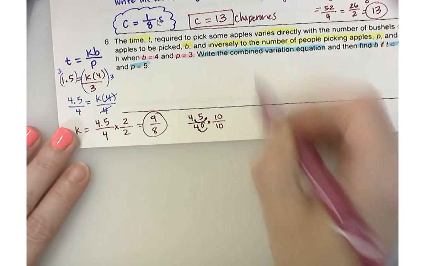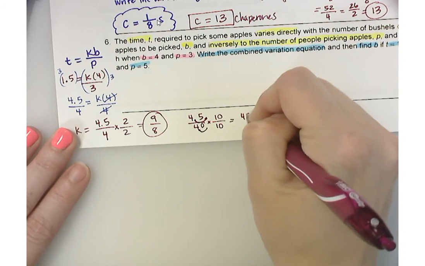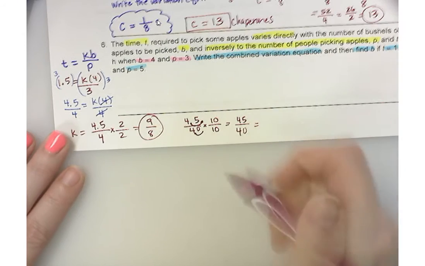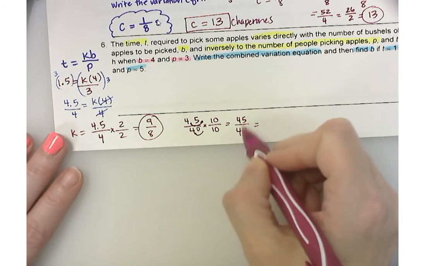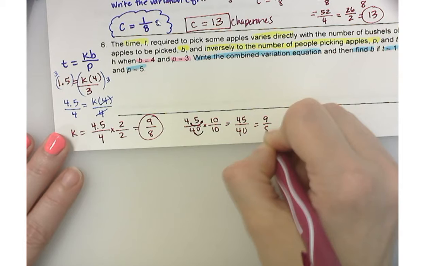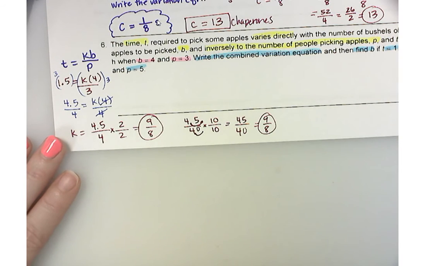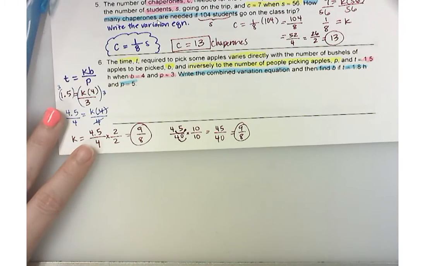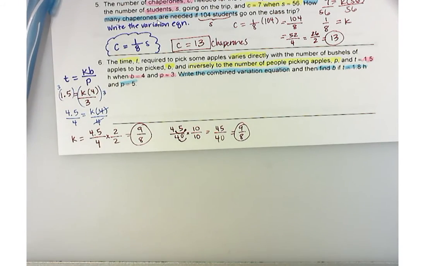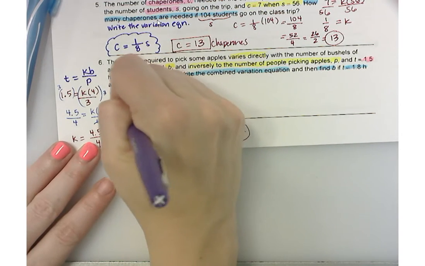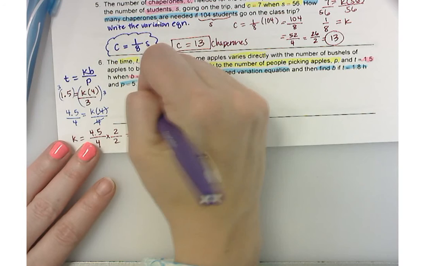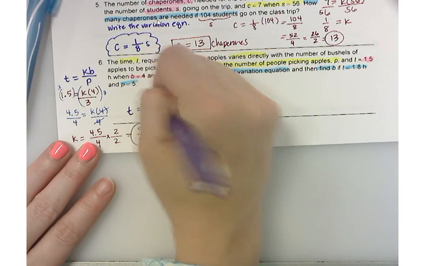Okay, now when you are writing out your equation, I'm okay if you leave it as T equals 9/8 B over P. Okay, I'm fine if you leave it like that. You can also think of it as, if you have 9/8 B, because it's like a fraction divided by a fraction, 9/8 times B is 9B over 8.